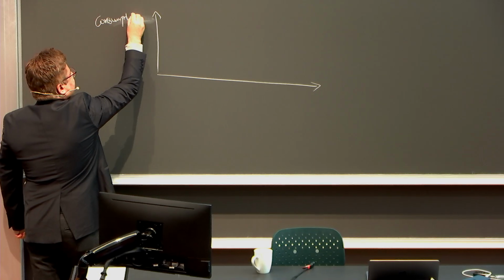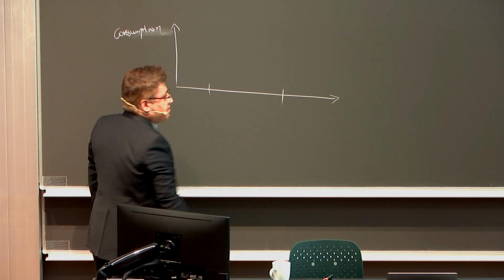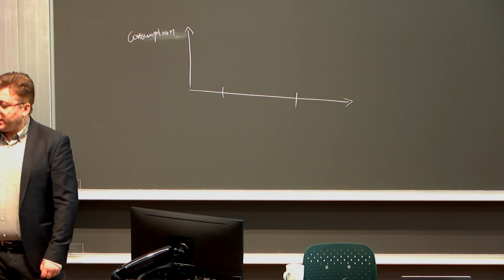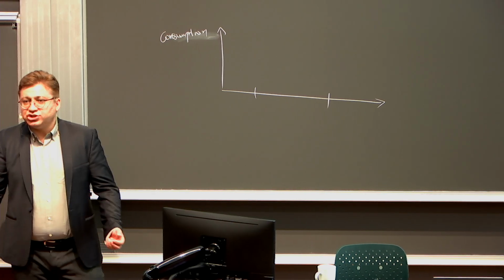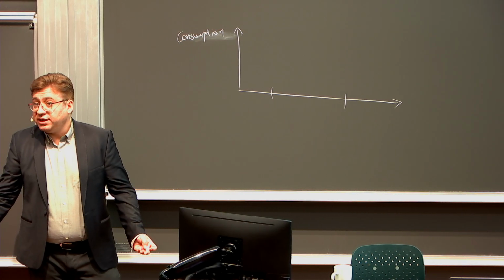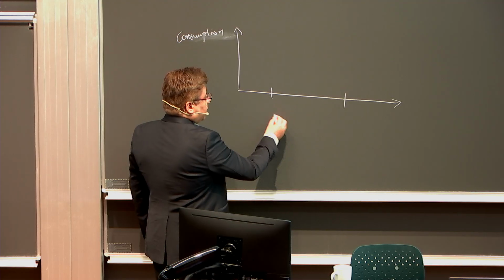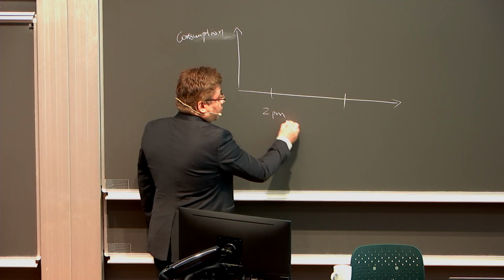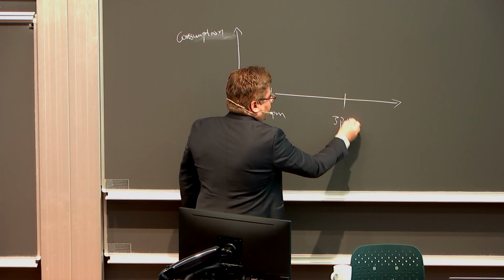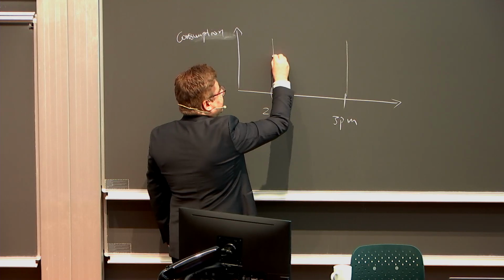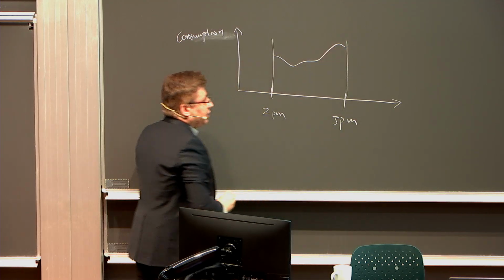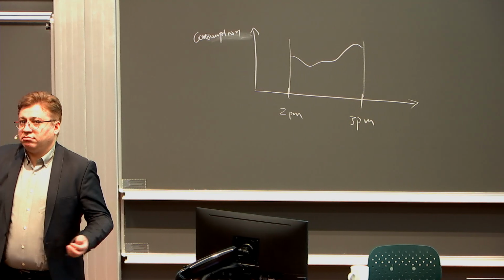Let's say that you have a perfect forecast of how much your EV fleet will consume tomorrow in a specific hour, let's say from 2 p.m. to 3 p.m. Let's say that you know exactly that this will be your consumption, right?